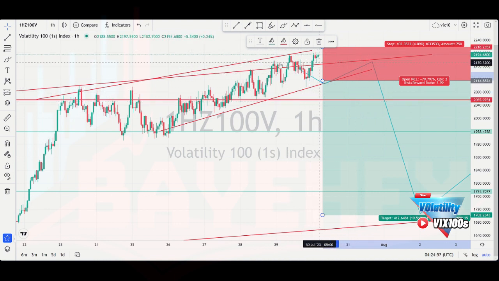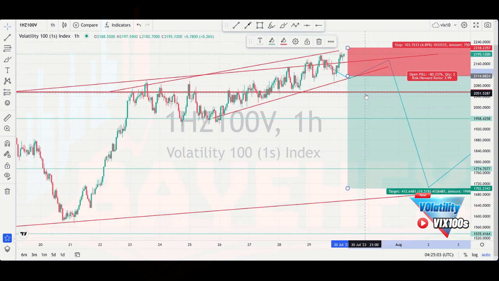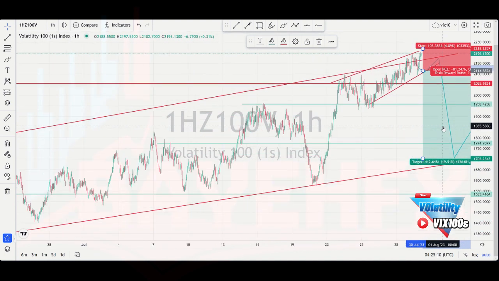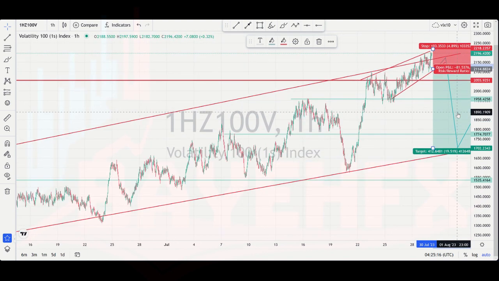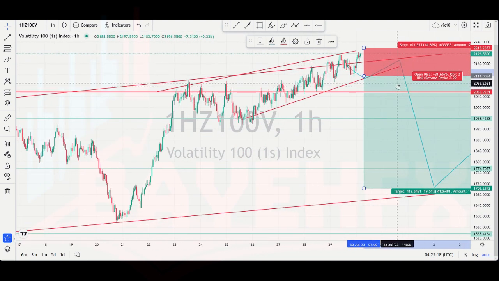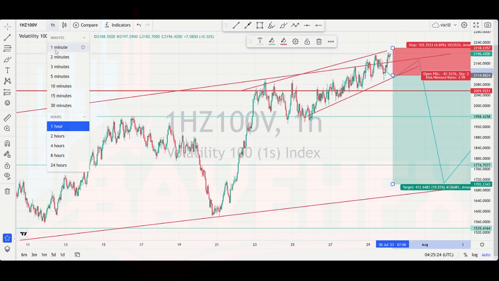If we have a bullish push out to the upside, that means we're going to continue to the upside, right? But I'm expecting this particular movement to fill up this particular move before we start moving to the upside, because this market has really bought and we're expecting an exhaustion or a retracement before continuing long on VIX100s.